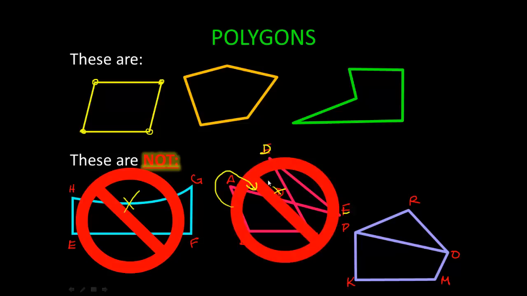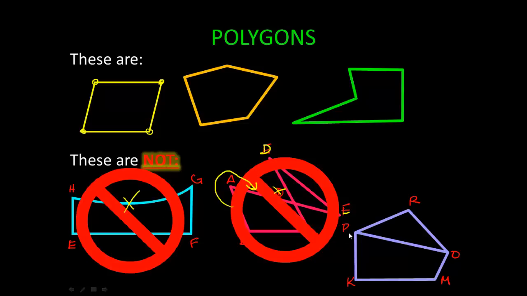Look at the bottom one. Now, PKMO, PKMOR, and POR are all polygons. But PKMO, PRO is not, because a vertex must only belong to exactly two sides.